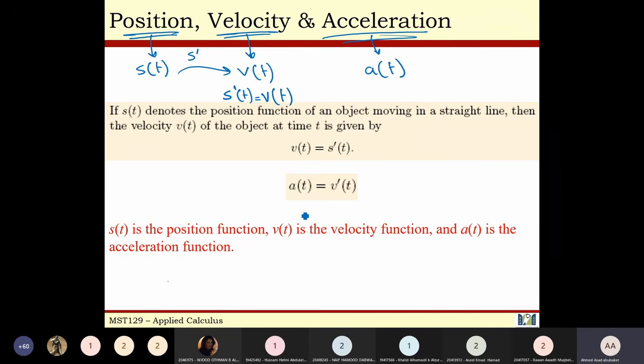Also, if we find v prime, the derivative of velocity, we have acceleration. So v prime of t equals a of t, or s double prime of t equals a of t. So the acceleration equals the first derivative of velocity or the second derivative of position.